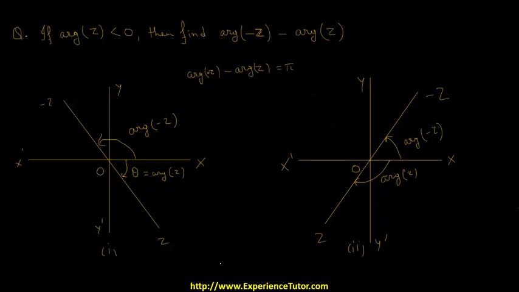In the second figure you can see argument of minus z is the angle between x and z dash axis, and argument of z is equal to theta between x dash and z dash axis. Here we can see therefore argument of minus z minus argument of z will be equal to pi.